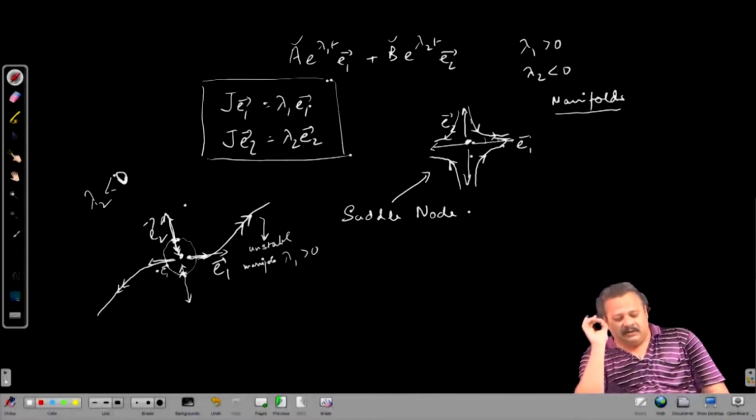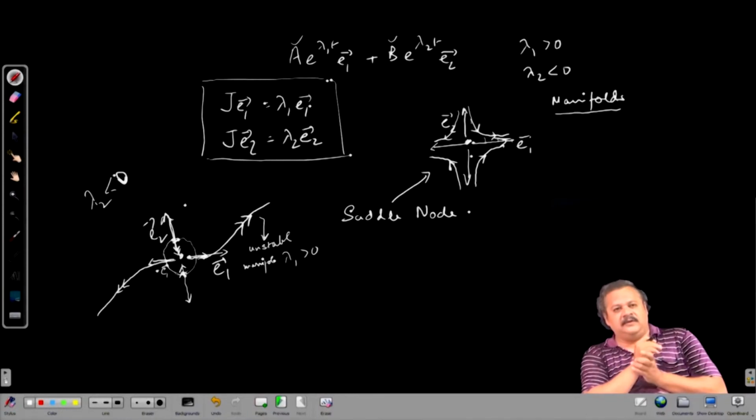So, if we start very close by exactly along E2, then it has to go into the saddle node, whereas any other point, starting infinitesimally away from that line, will never go into the saddle node.